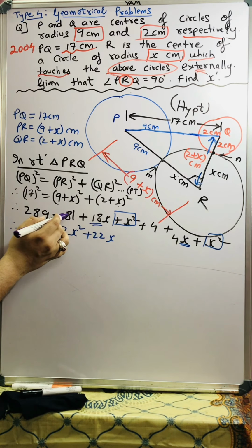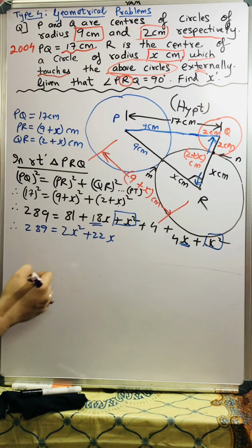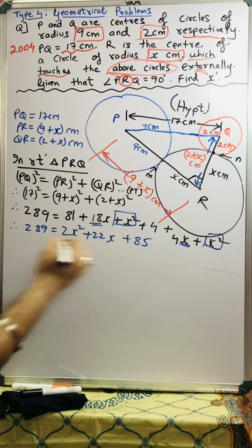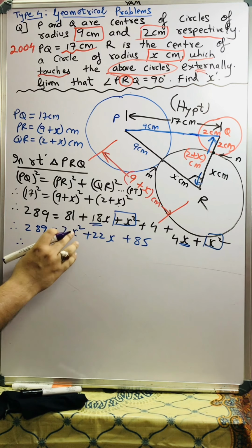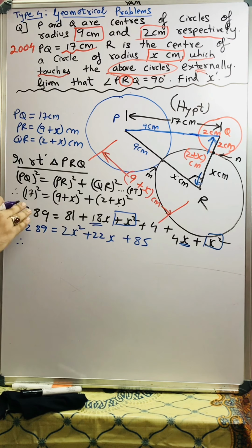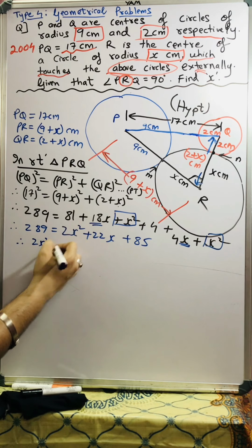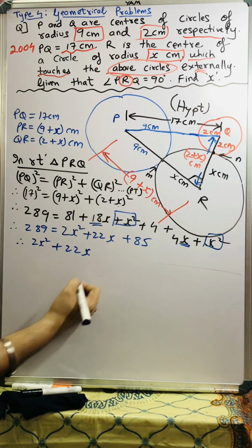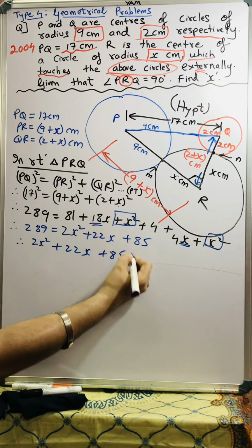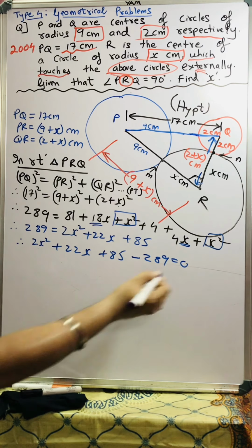And 81 plus 4 becomes 85. 289 I'll send to the other side, so it becomes minus 289, equal to 0.